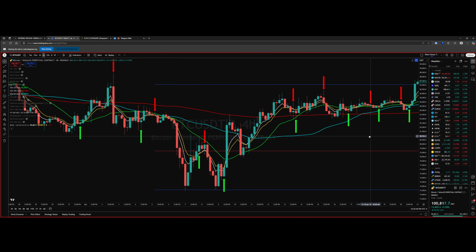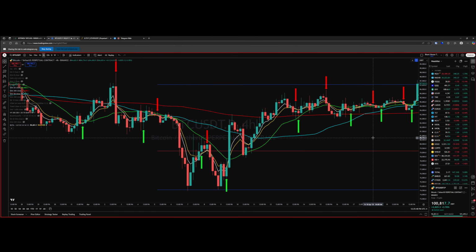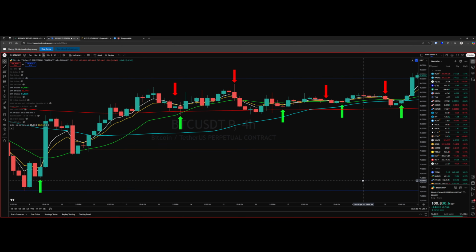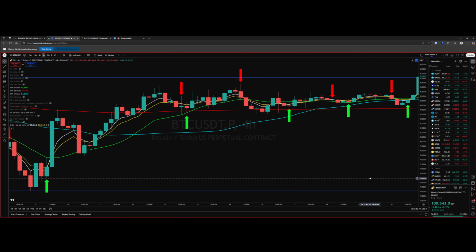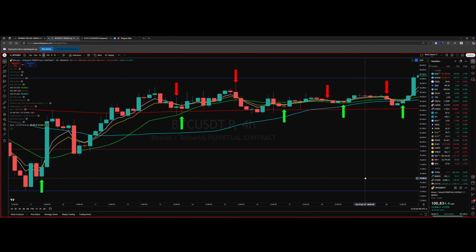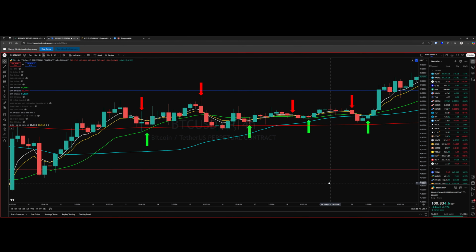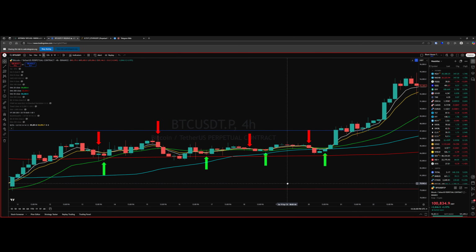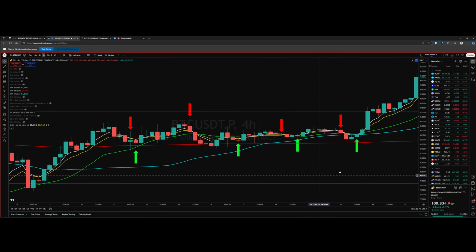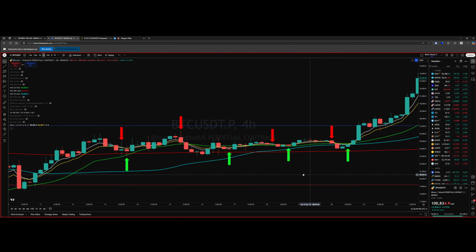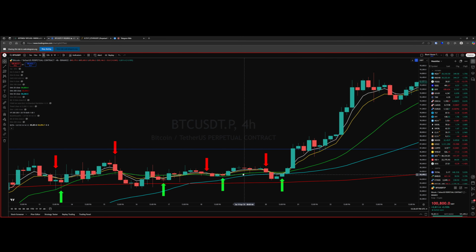Everything fans out with momentum. So the T line and the 5 EMA, the measure that we use to help with trend, diverges, and your major moving averages diverge too. That's momentum. That big fan is momentum up.